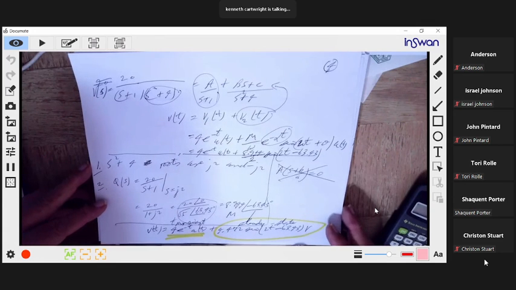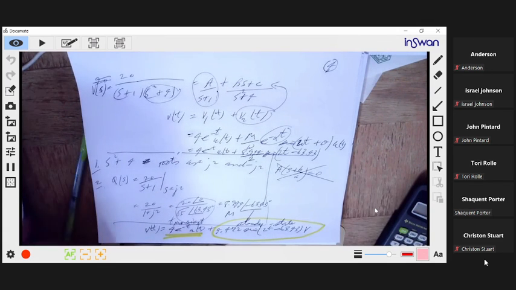Nobody wants to guess. Transient means something that's only momentary, something that does not last, or something that lasts for a very short period of time. Whereas steady state means it's always there.